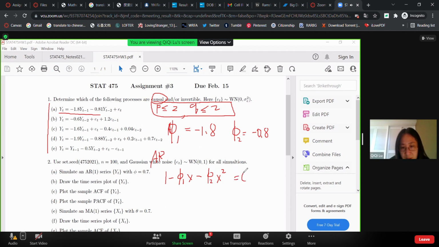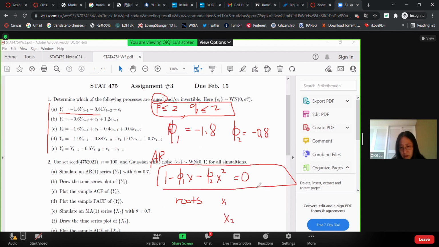You set it equal to zero, and you solve this equation. It has two roots, right? You have x1, x2. If both roots are larger than 1 in absolute value, it is causal.